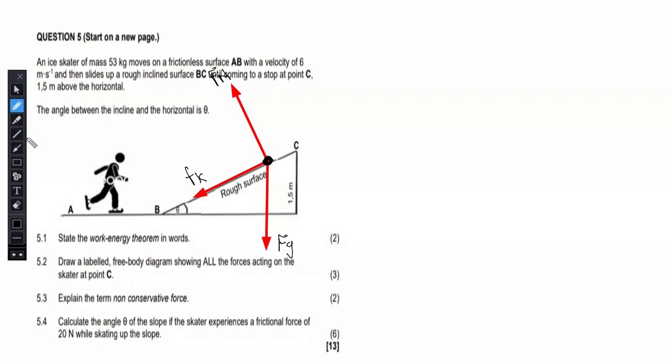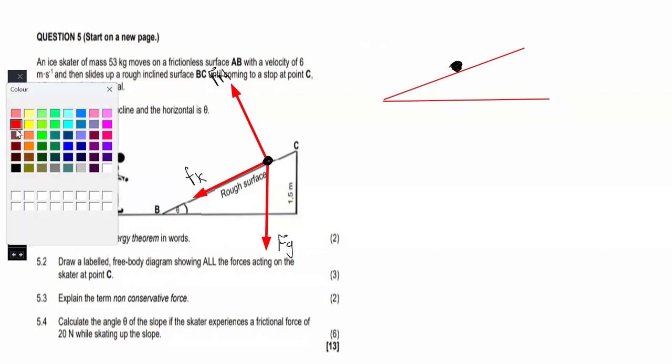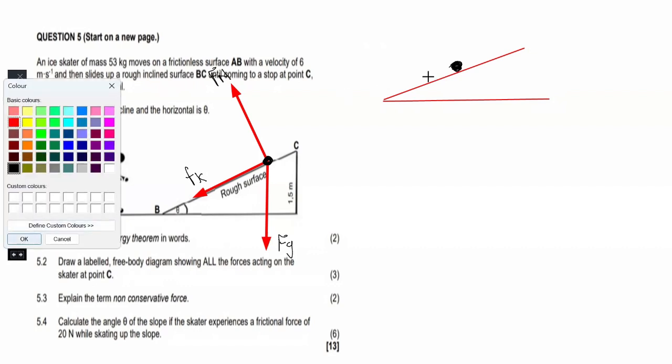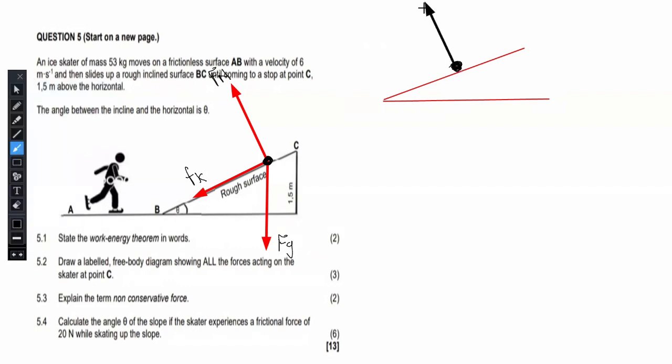Now, if you wish to resolve your components, then this is how you will be expected to draw. So here, you have this, and then you have your normal force perpendicular to the surface. You have your FG perpendicular, straight in line with the FN.